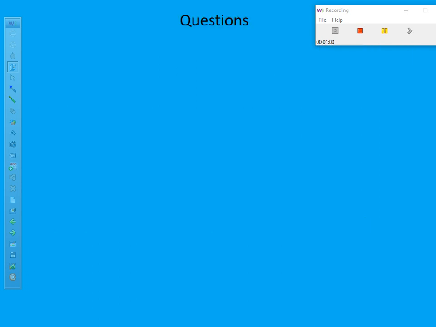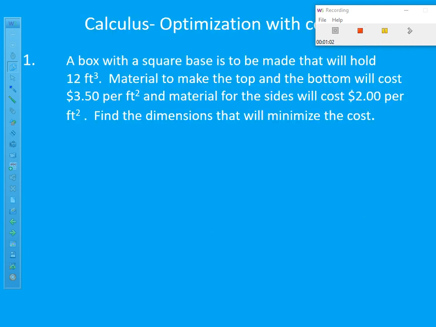So if you would, come over to your number 1 on that little half sheet that you should have. So here goes. It says a box with a square base is going to be made which will hold 12 cubic feet. Well guys, I'm going to start here. I'm going to sketch myself a three-dimensional box.